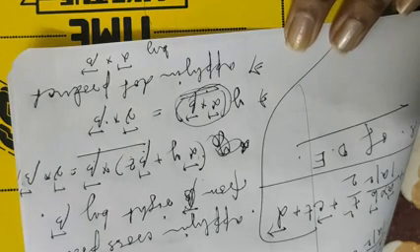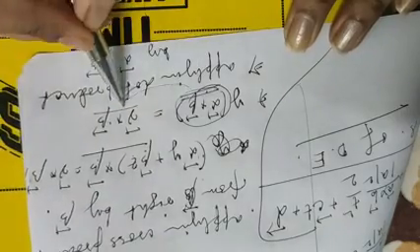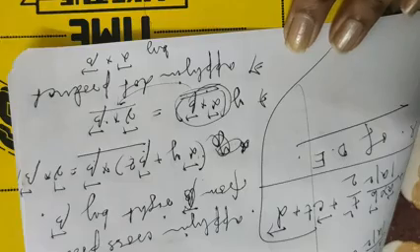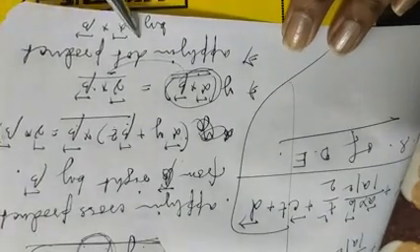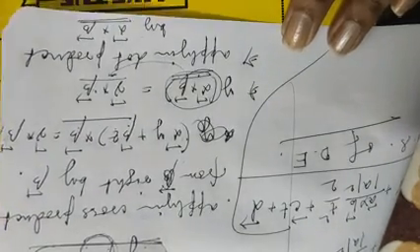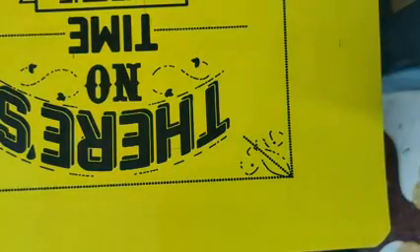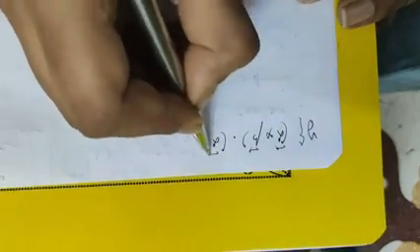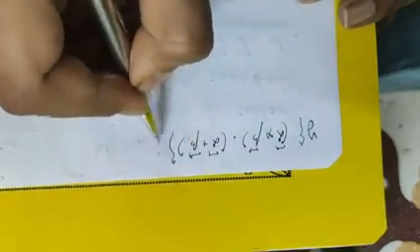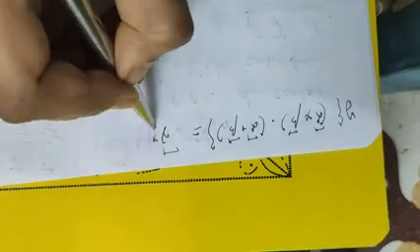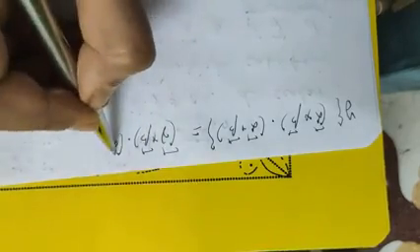Then we can easily write down y by this dot product. So in the next line we write y times alpha cross beta dot alpha cross beta equals gamma cross beta dot alpha cross beta.